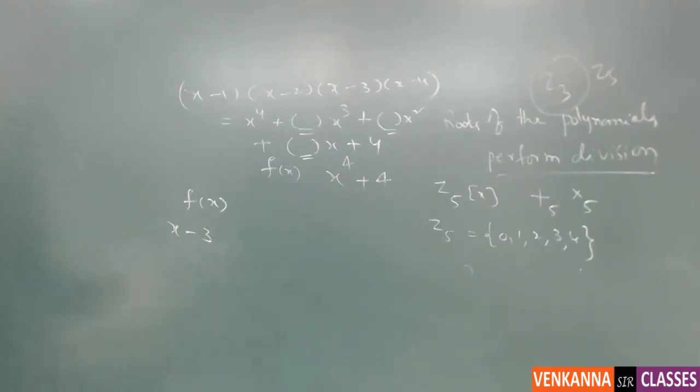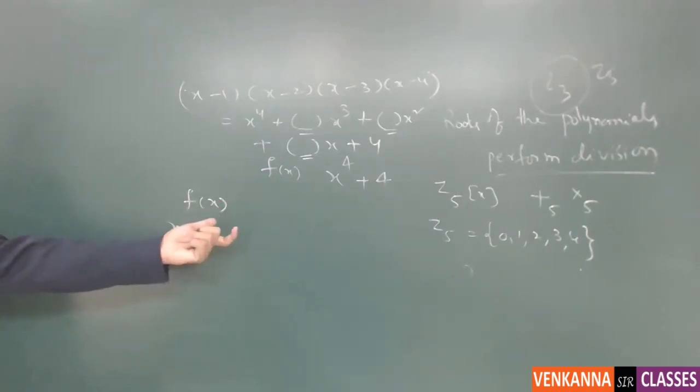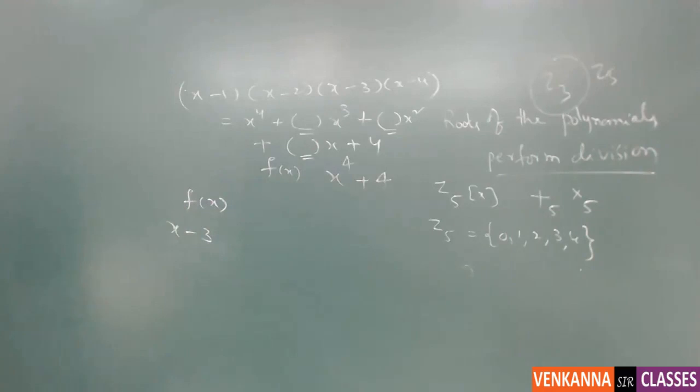Then what happens? Here 3 is the root, so you simply substitute the value 3 in place of x in the polynomial. Whatever number comes as output, that is the remainder. Okay, take a note of it.